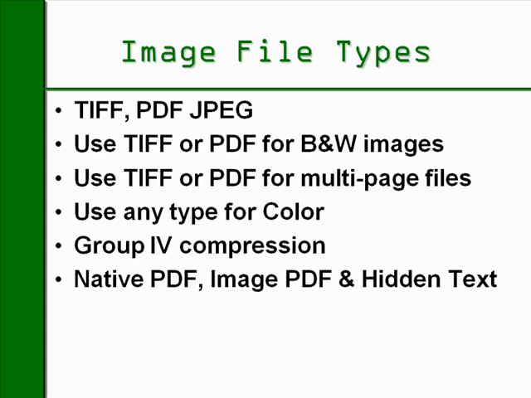So you're actually creating a larger file with JPEG than you do with TIFF or PDF. Also, the JPEG compression distorts your images and makes the text much harder to read, whereas the TIFF and PDF black and white formats are not lossy. So definitely use TIFF or PDF if you're scanning black and white documents. Also, multi-page documents: TIFF and PDF support multi-page files. JPEG does not.